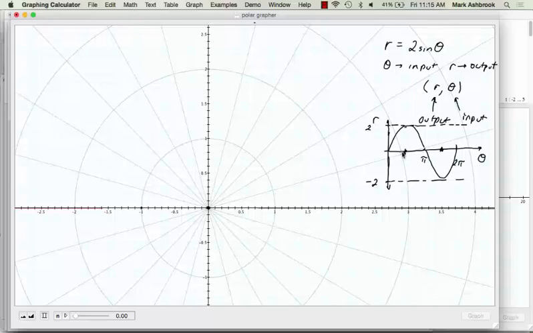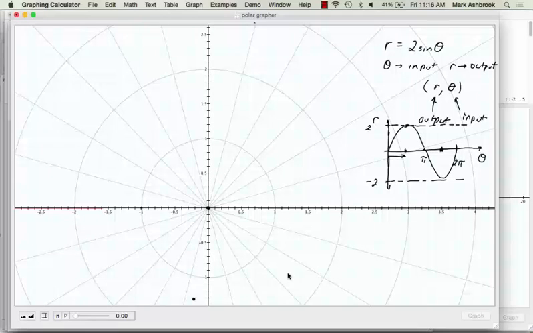As theta goes from 0 to pi over 2, according to 2 sine theta, what does r do? It goes from 0 to 2. Agree? Yeah.